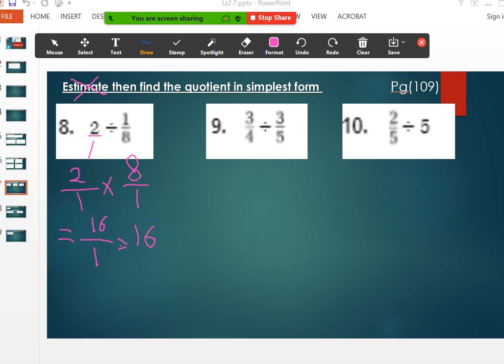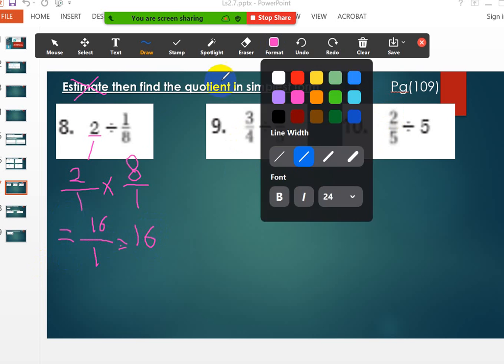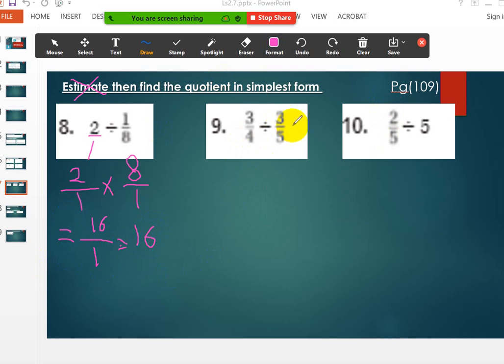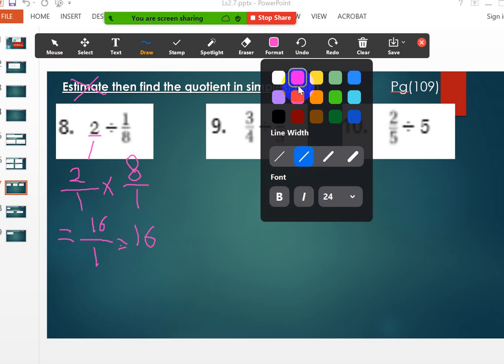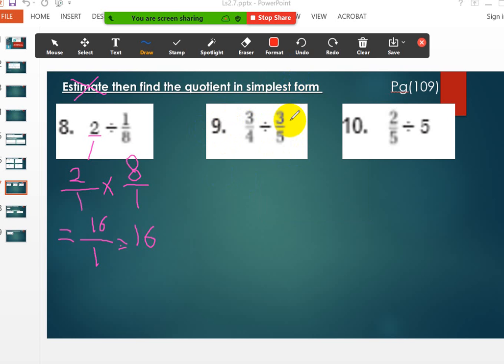Now, okay, I'm sorry. Now, number 9. 3 over 4 divided by 3 over 5. Okay. Manal. Yes, teacher. Okay, Manal, I want to divide those numbers. Could you help me here? Yes, teacher.